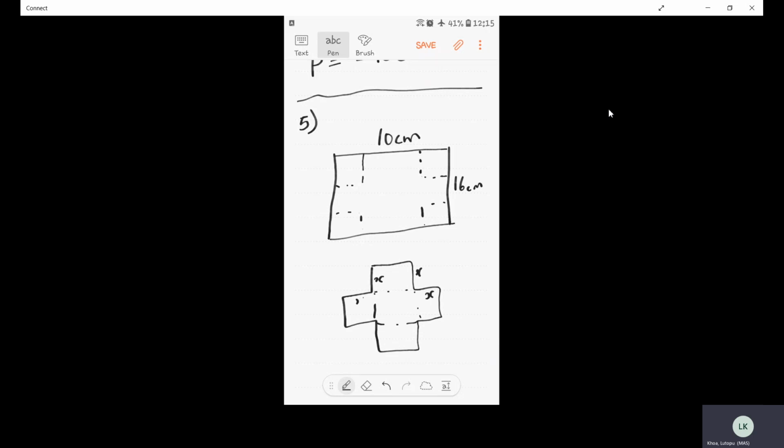So this is x, that is x, x, x, and x over there. Now this part over here that is left is 10 minus 2x. So you've cut out x there, and you've also cut out x over there.